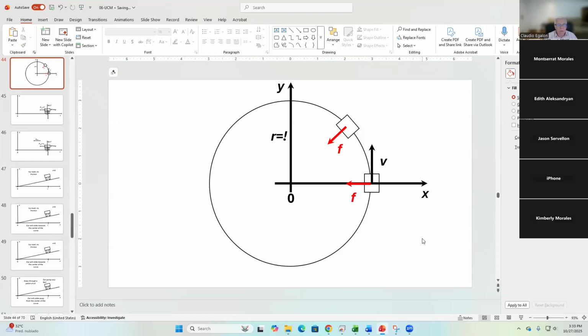Now the question is, which force of friction is it? Is that the force of kinetic friction or the force of static friction?